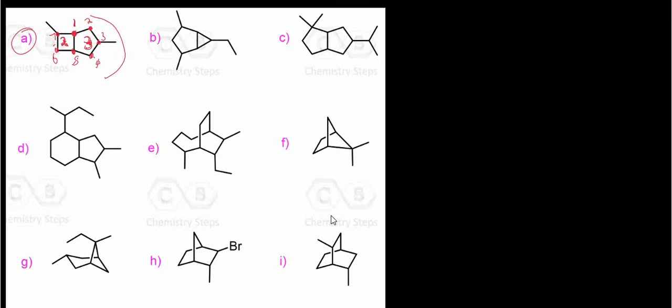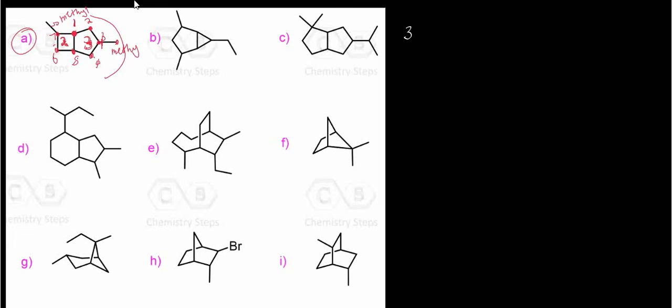Now, if you check at 3 here, we have a branch. What's the name of this branch? That's methyl. Again, on this side we have a branch. What's the name of this branch? That is also methyl. So for you to name this one, let's check what branches and branch numbers we have.